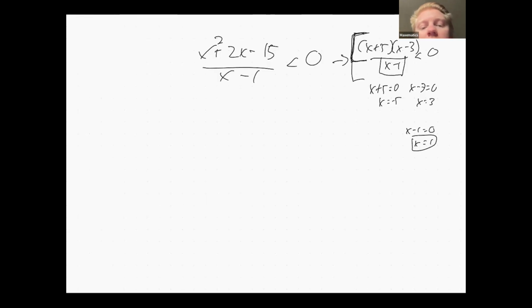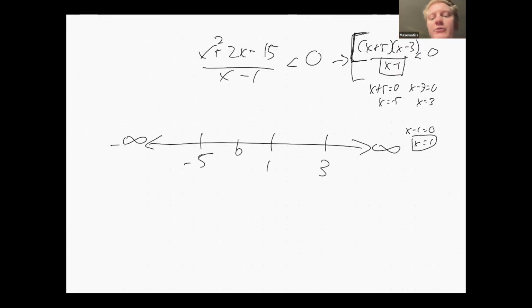All right, let's put all of those values on a number line. We have -5, 1, and 3. And again, I like just putting 0 there as a placeholder. Not one of our intervals, but it's good to put there. We have everything to the left of -5, everything between -5 and 1, everything between 1 and 3, and everything bigger than 3.